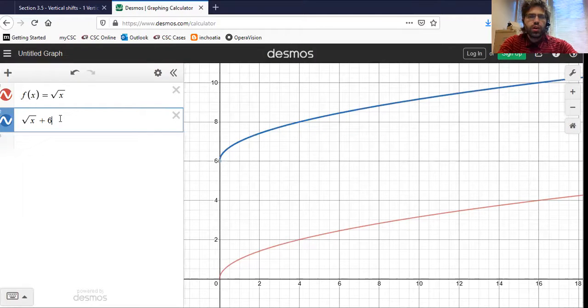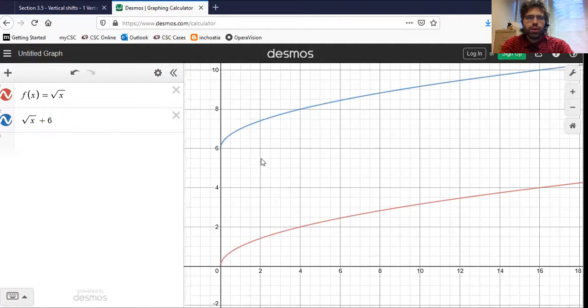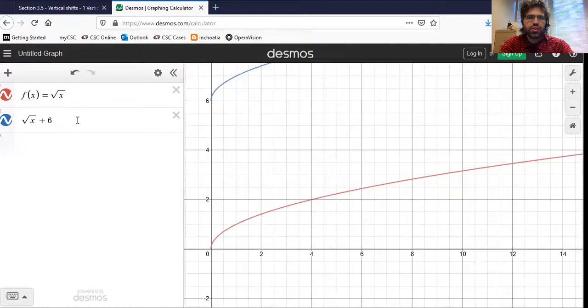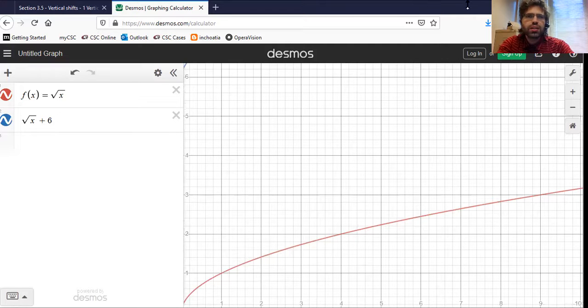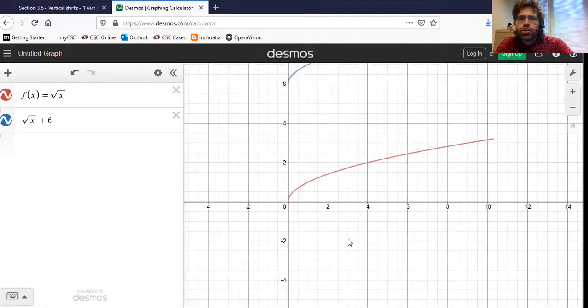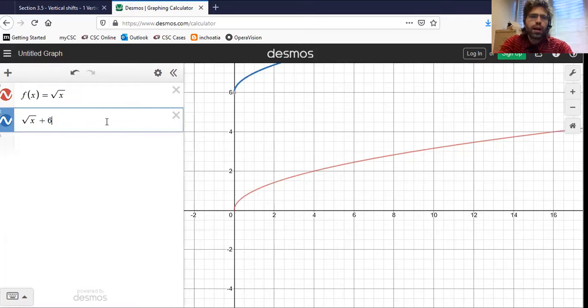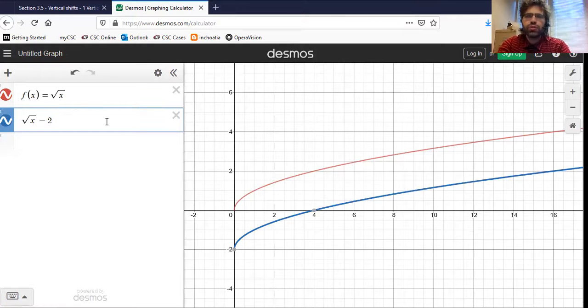If instead of wanting to shift up by 6 units, we want to shift down by 2 units, we subtract by 2. And there you go.